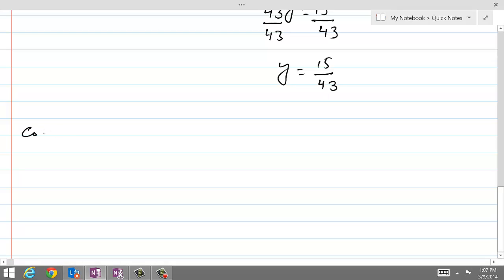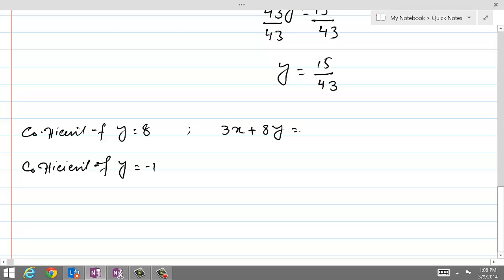So we write the coefficient of y for the first equation as well as the coefficient of y for the second equation. The coefficient of y for the first equation is 8, and the coefficient of y for the second equation is minus 1, and we are going to write equation 1 here, and that is 3x plus 8y is equal to 12.